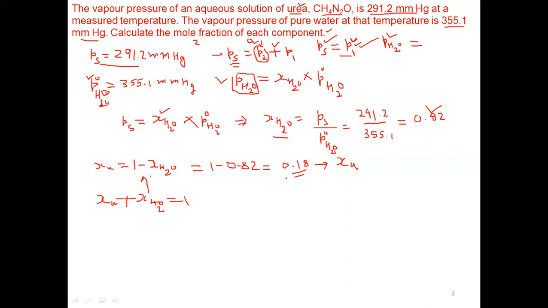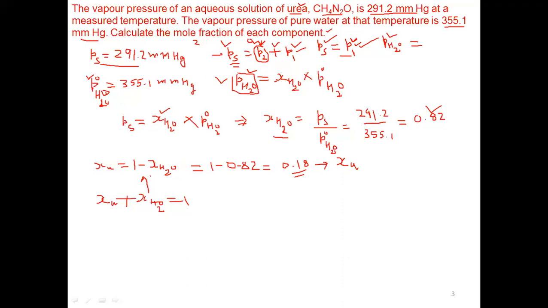So the only trick here was that we have to consider the vapor pressure of solution equal to the vapor pressure of solvent in a solution. Why? Because our solute is non-volatile, so it will not make any contribution to the total vapor pressure. So the vapor pressure of the solution will only be because of the vapor pressure of the solvent.